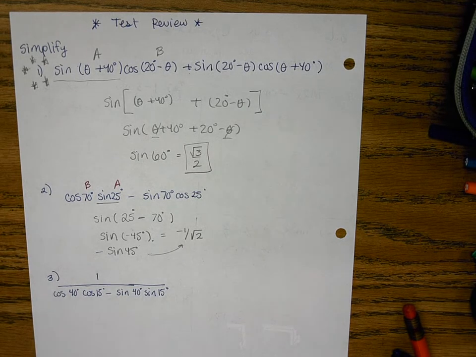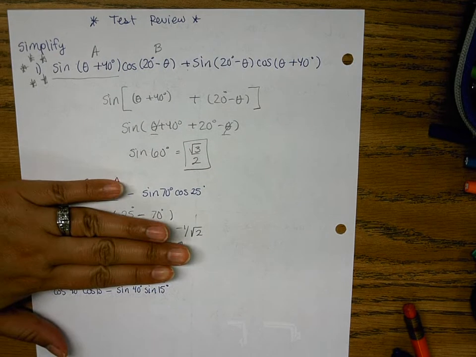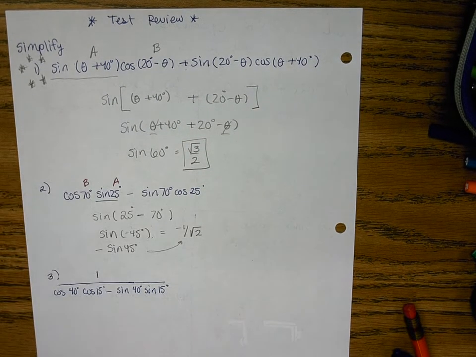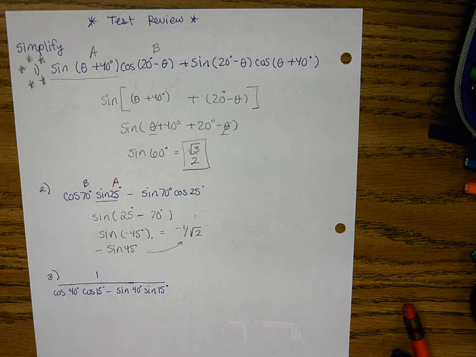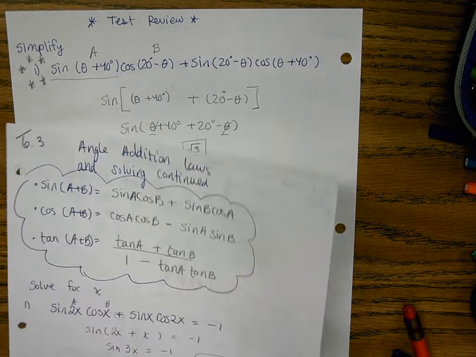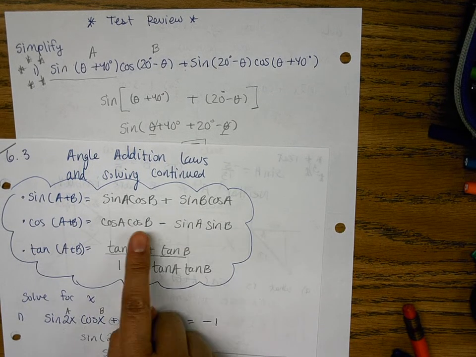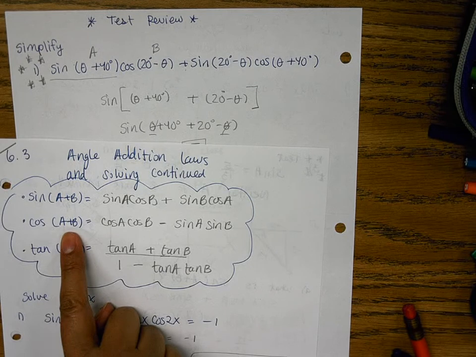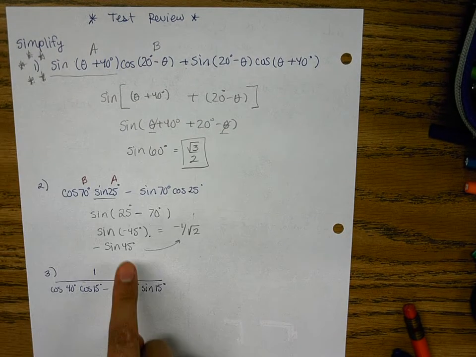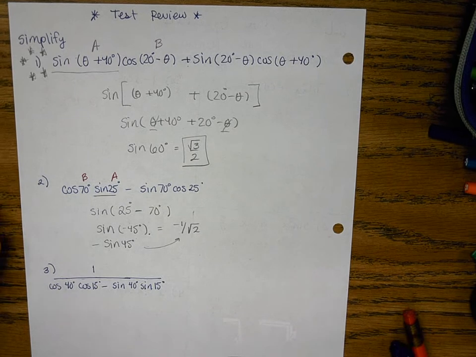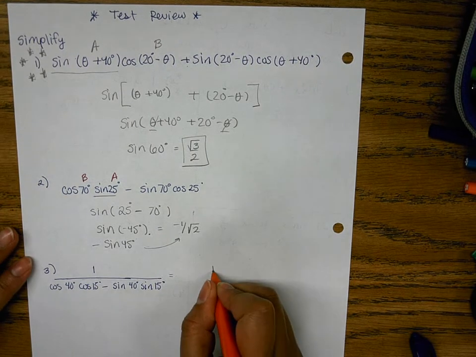But recognizing that if you ignore that it's a fraction, if you just look at that bottom piece, does that bottom piece look familiar? Cosine with cosine, sine with sine. So that is your angle addition for cosine. Now, it's in the bottom of a fraction.